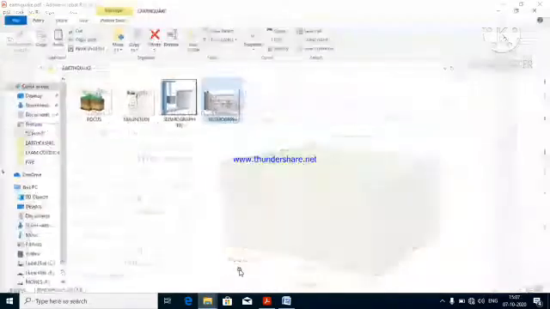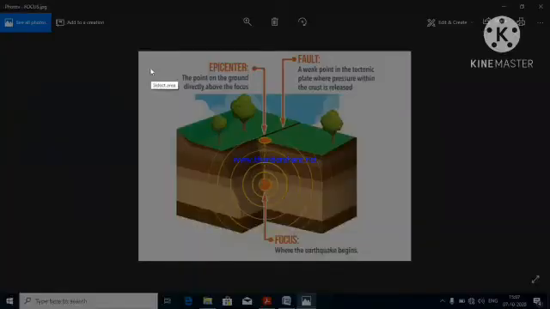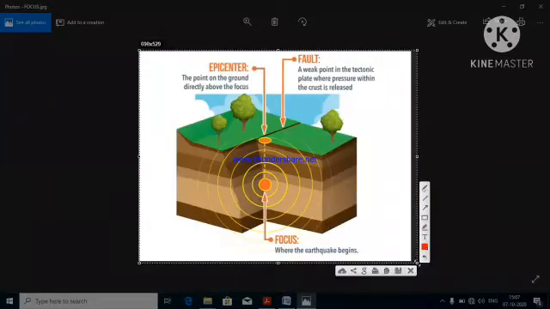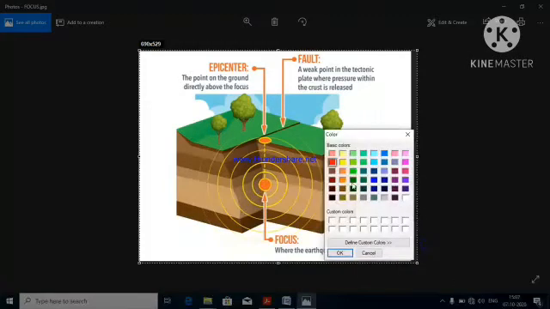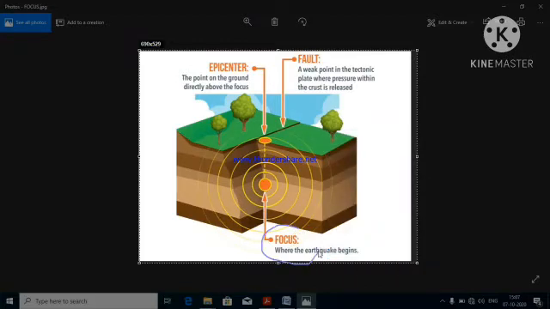Okay, so let us see the focus. This is the image where the focus is here.